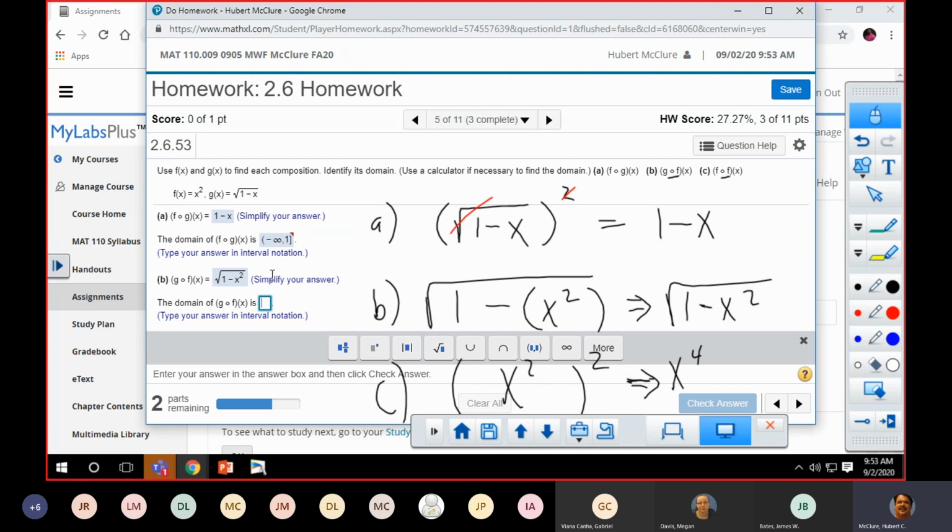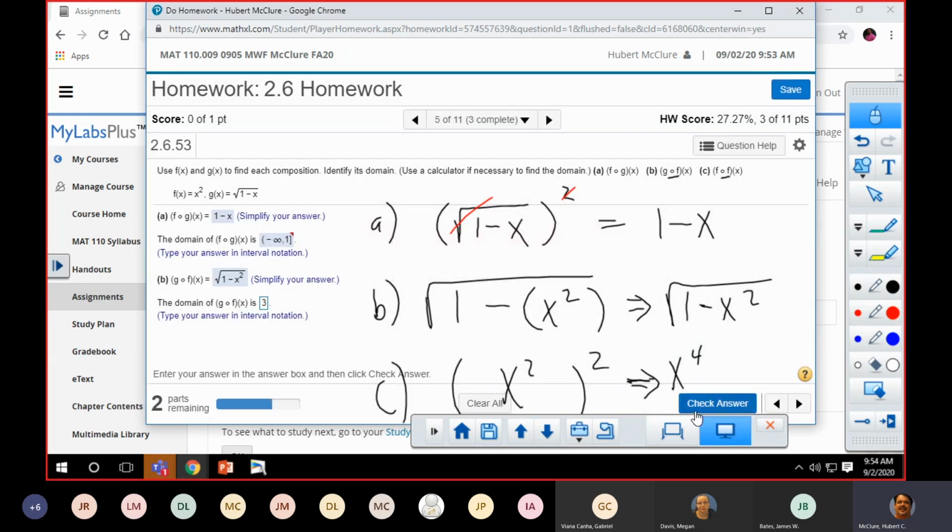Negative x squared divided by negative 1 on both sides, x squared is equal to 1. I'm thinking in my brain right now. Okay, so that should be all real numbers.